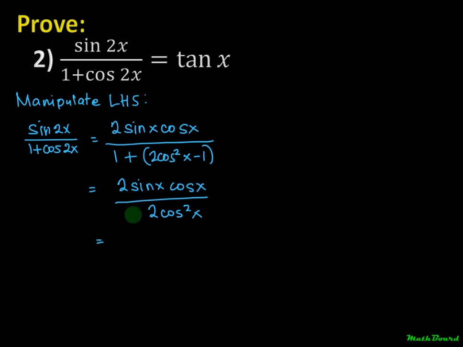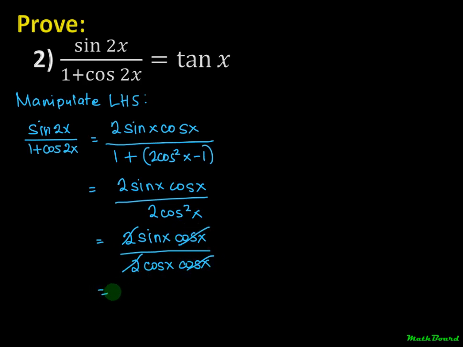As you can see, pwede nating express yung cosine squared x para hindi tayo malito. Okay, 2 sine x cosine x, then 2 cosine squared x is the same as cosine x times cosine x. So makakancel si 2, makakancel si cosine x.